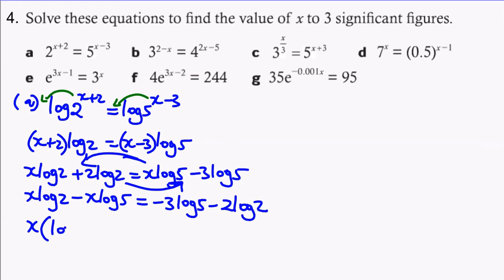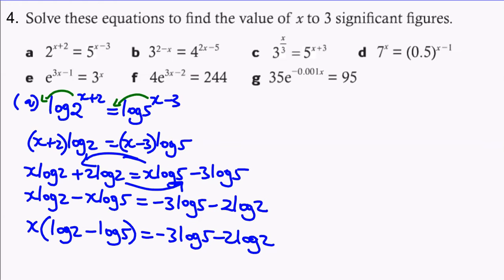Factorize x out: x times log 2 minus log 5 is equal to negative 3 log 5 minus 2 log 2.